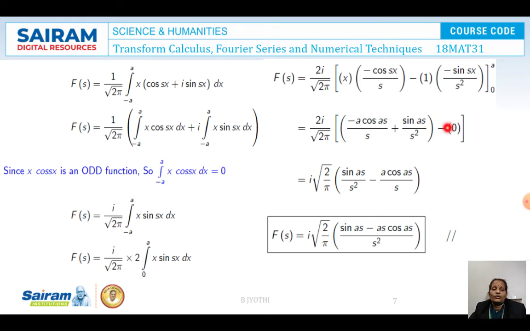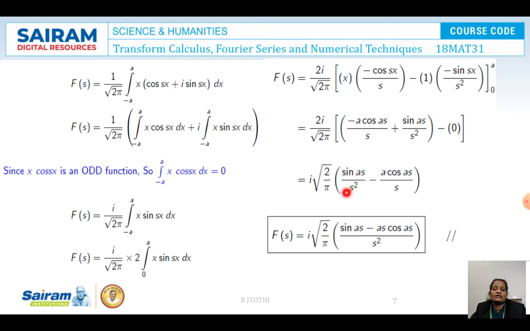Now when the lower limit 0 is substituted, both terms will be 0, because x is multiplied in the first and sin 0 is also 0. Only when we substitute the upper limit, we get this result, that is minus a cos as divided by s and sin as divided by s square.